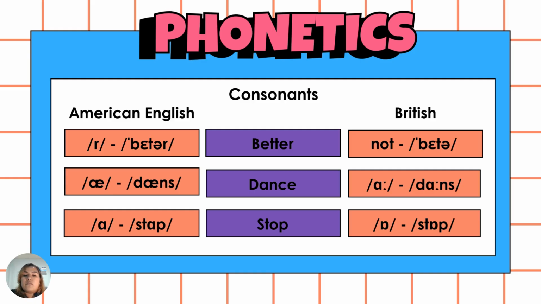In British the r is not pronounced, so the word sounds different. Sorry. And words like dance, and words like stop, also differ between American and British.